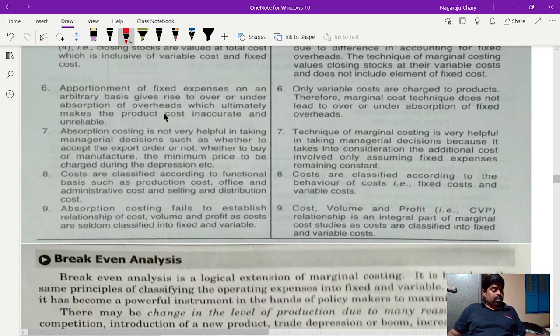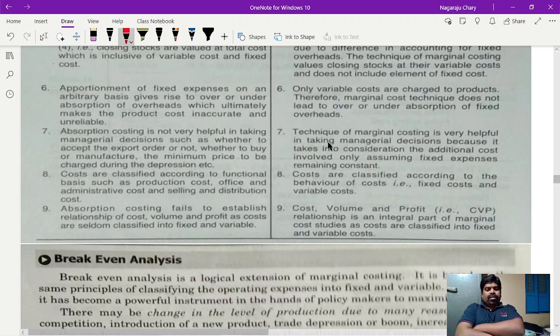Apportionment of fixed expenses under absorption costing is done by an arbitrary method, whereas in marginal costing an arbitrary method is not followed. So only variable costs are charged to products. Therefore, the marginal cost technique does not lead to over or under absorption of fixed overheads. There is no over or under absorption.